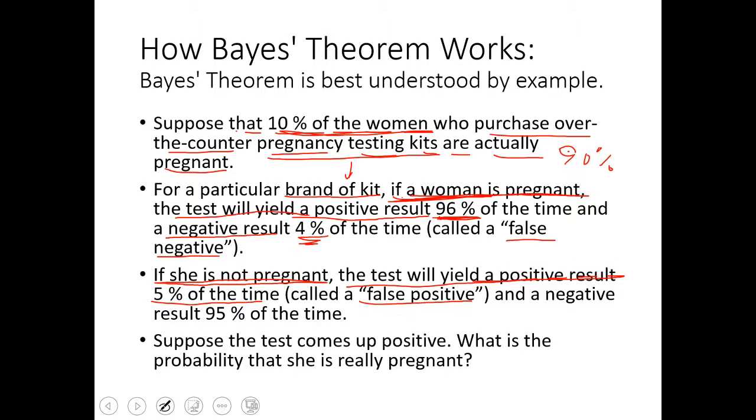It is a false positive. And a negative result 95%. So then, if somebody has obtained a positive result, what is the probability that she is really pregnant? That is the question.